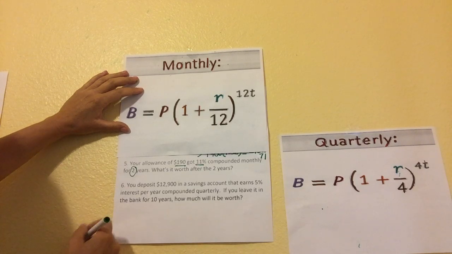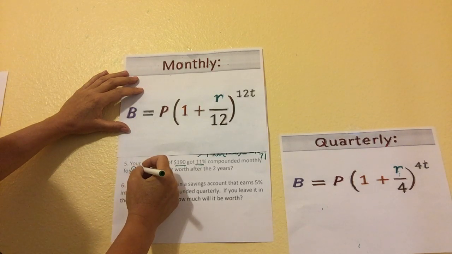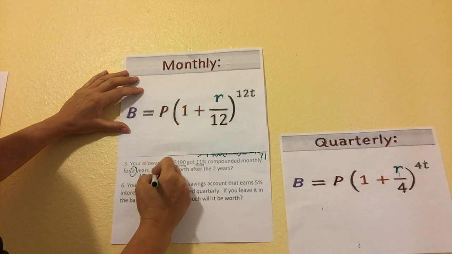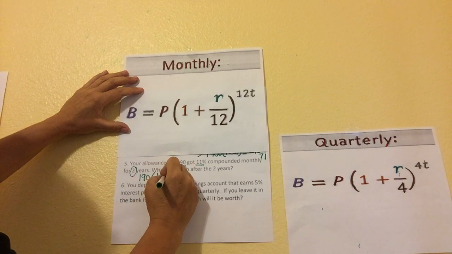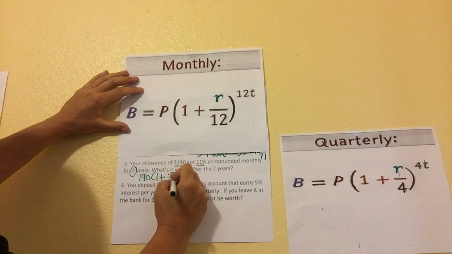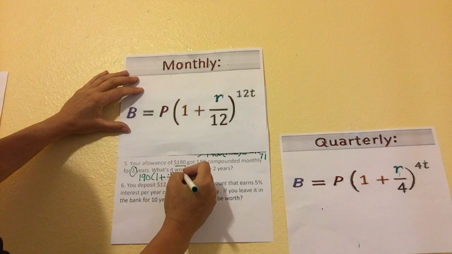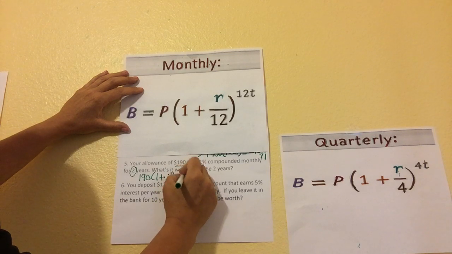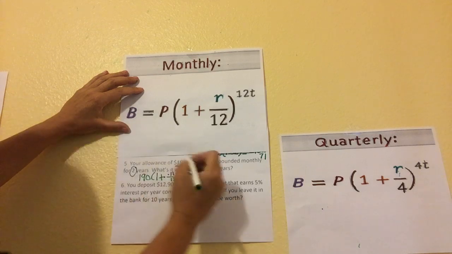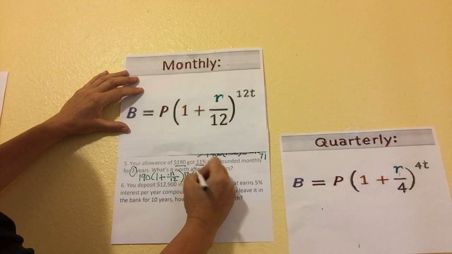So we have, for number 5, we have 190 for your P, then 1 plus 0.11, that's 11%, over 12, because it's 12 months in a year, and then the 12 goes here as part of the formula, and then we're talking about 2 years, okay?